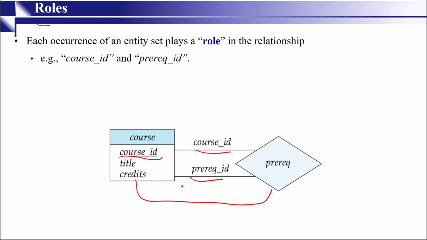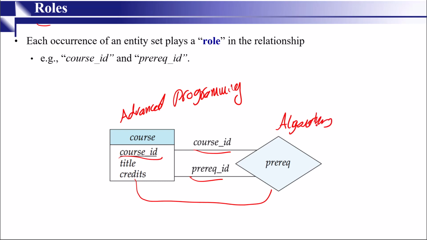For example, if this course is advanced programming, you must already pass algorithms, right? So algorithm is a prerequisite for advanced programming.